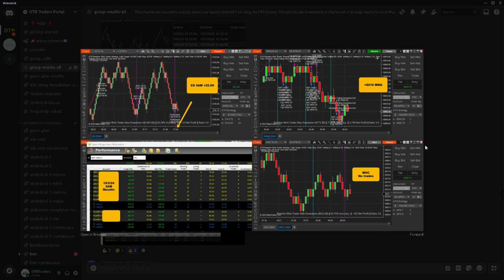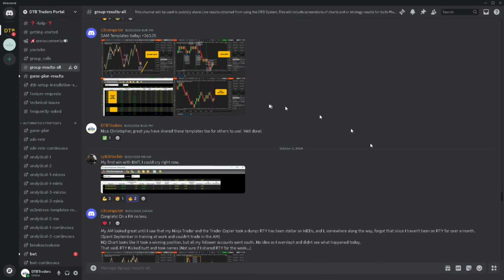So it's really important for you guys to look through those templates and see if any of them are suited for your account. And I mean, they're running on micros, most of them. So I know some of these trades are being copied to mini accounts, but they're still producing incredible results over there.